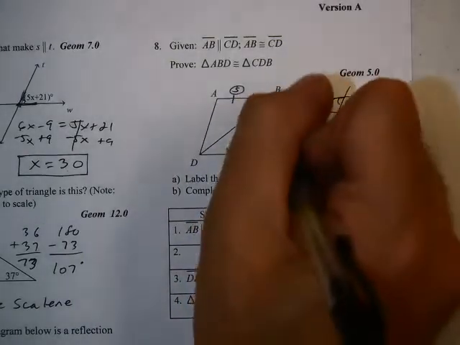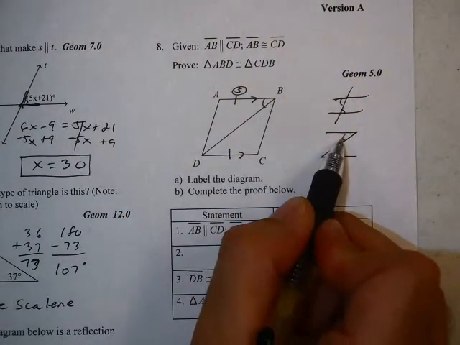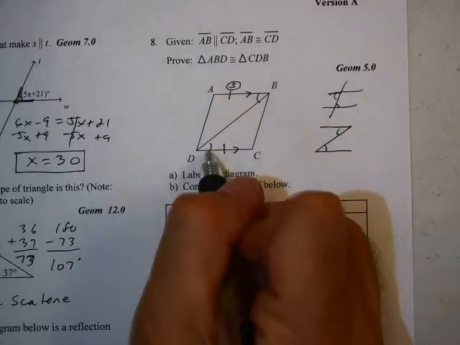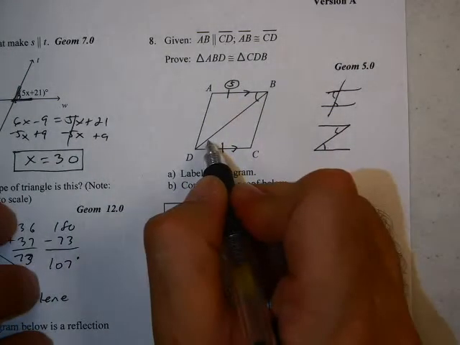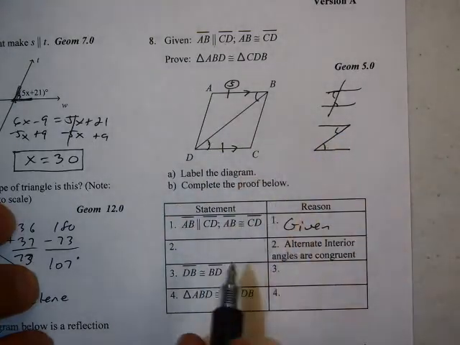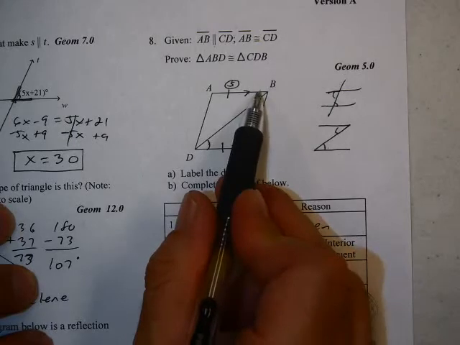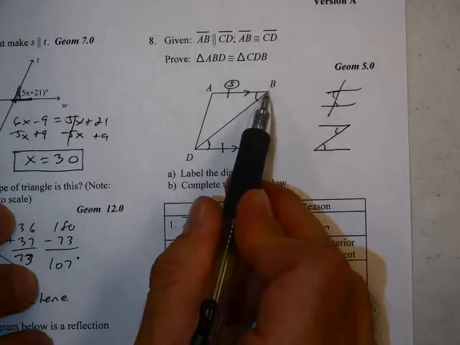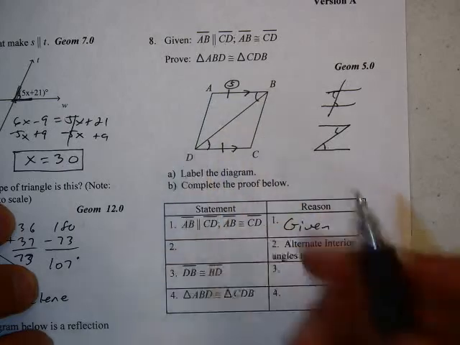Now the tough part is knowing where to put the arcs. The arc would be right there. That'd be like this one. And on the bottom, like this one. So I've got my pair of alternate interior angles, which means now for the statement I have to name these two angles. This angle up top, B, is at the vertex, so I have to call it ABD.